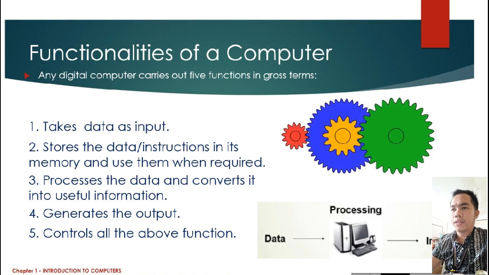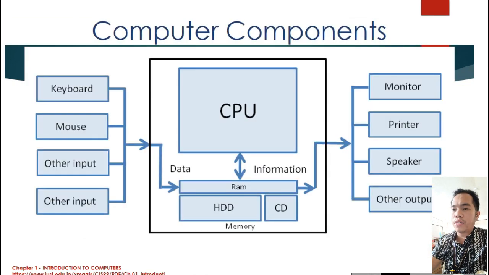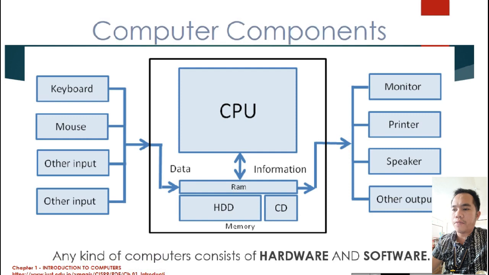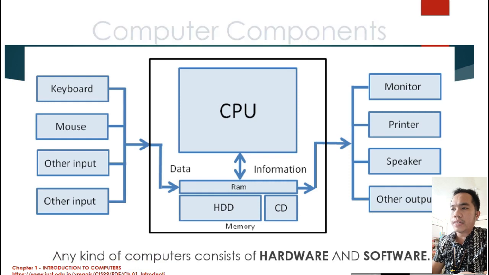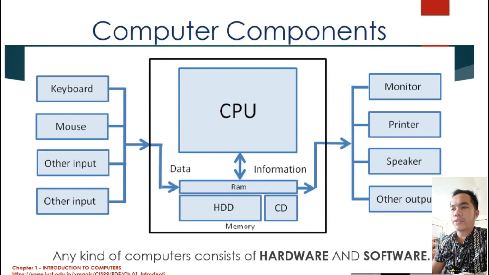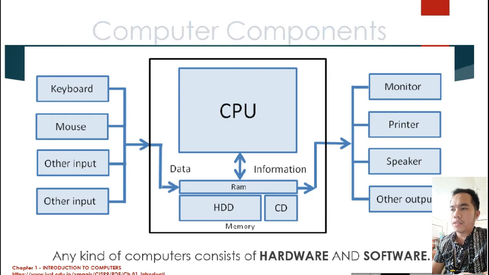So next, computer components. Any kind of computer consists of hardware and software, which are what we call the computer components. So as you can see sa ating illustration, the keyboard, mouse, and other input are those components or hardwares na for input, yung process niya papunta kay CPU, si CPU ang nagpa-process.